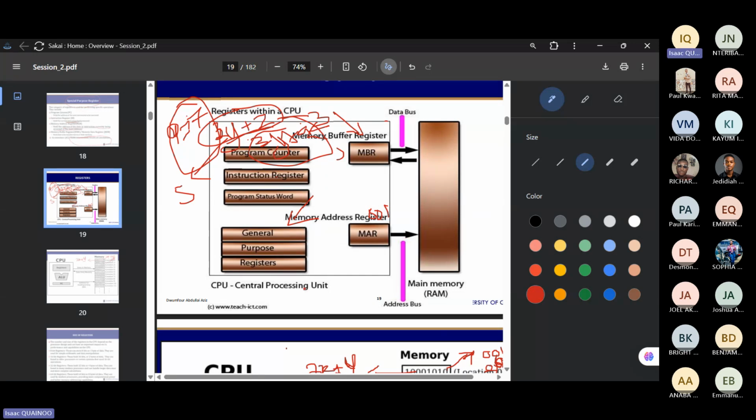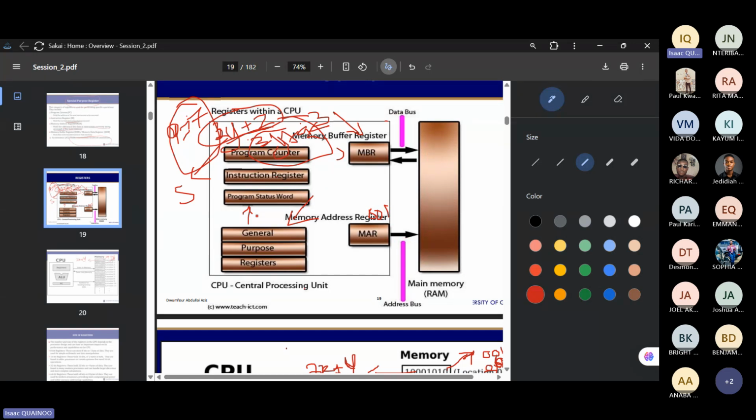Have I explained everything here? I think the program status word has not been explained. So when we are talking about the program status word, basically it indicates the status of the processor after executing an instruction.